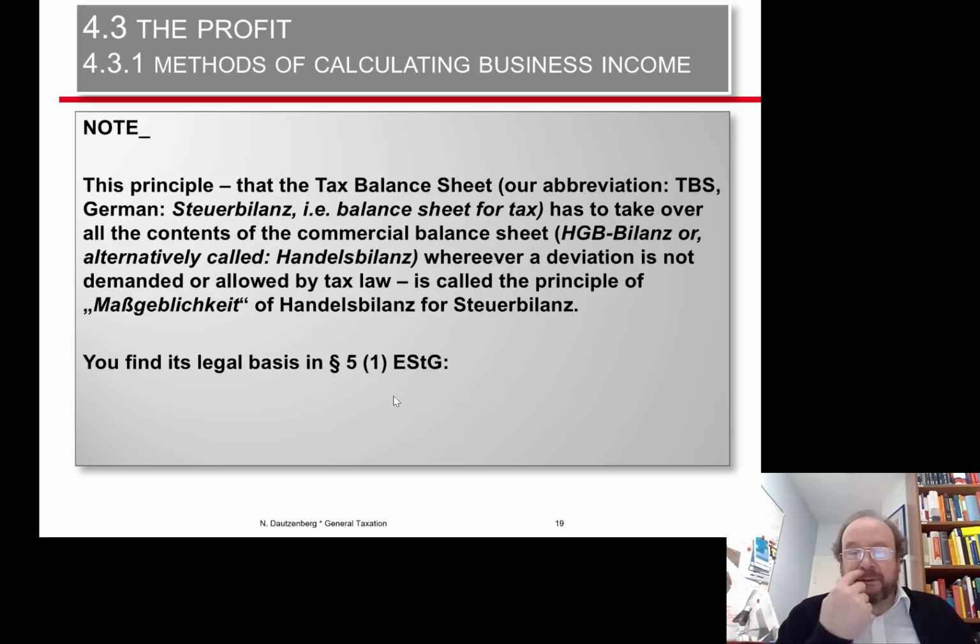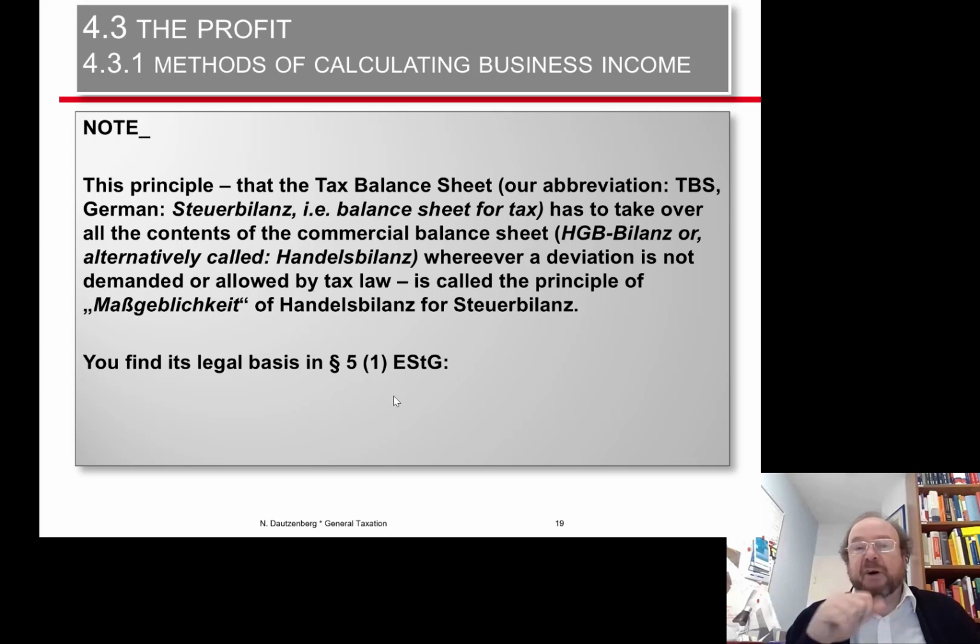That principle that you take the tax balance sheet, my personal abbreviation sometimes TBS, in German called Steuerbilanz, that means balance sheet for tax purposes. That principle that you have to take over all the contents from the commercial balance sheet, wherever a deviation is not demanded or allowed by tax, is called in German the principle of Maßgeblichkeit of Handelsbilanz for Steuerbilanz.